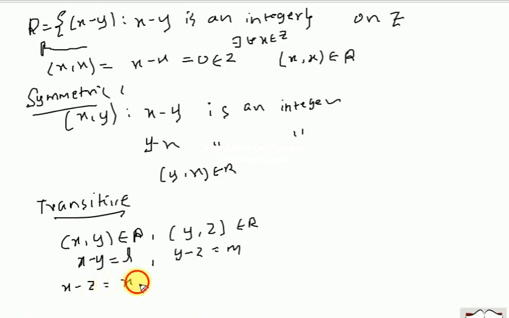Therefore x − z can be rewritten as (x − y) + (y − z), so L + M, integer plus integer, which is an integer. Therefore the ordered pair (x, z) also belongs to R.